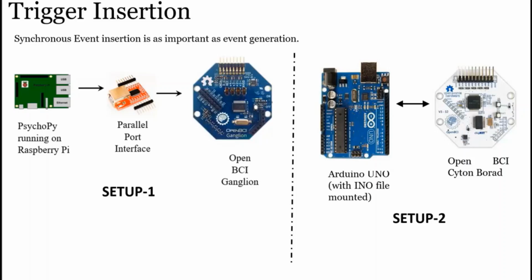If you can generate your event information as part of your digital output through any microcontroller, you are encouraged to use that, and ultimately your stimuli should be seen and transferred exactly at the same time. So that's all we have in this stimuli generation and insertion module.